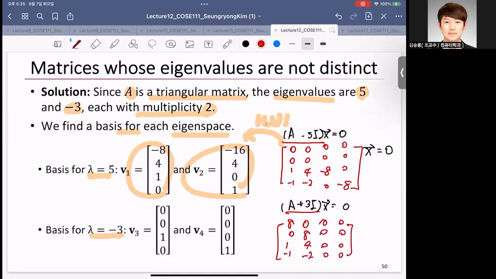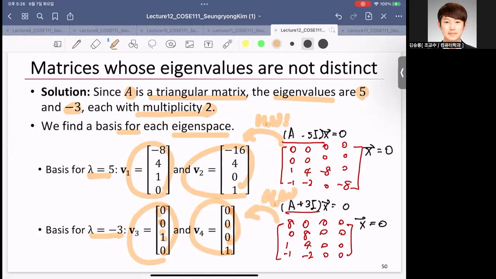Then the solution, the basis for this eigenspace, is going to be V3 and V4, with entries 0, 0, 0, 0, 0, 1, 0, 0, 0, 0, 1. So please try to solve it yourself.